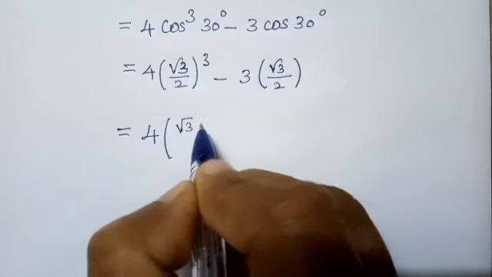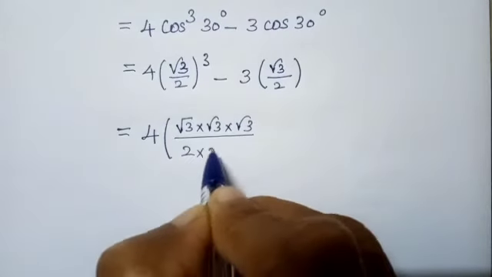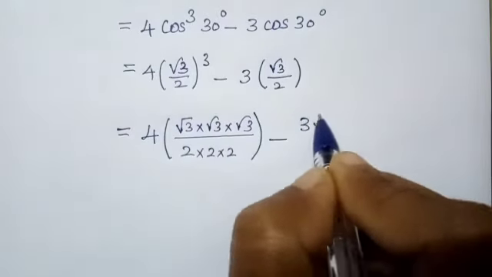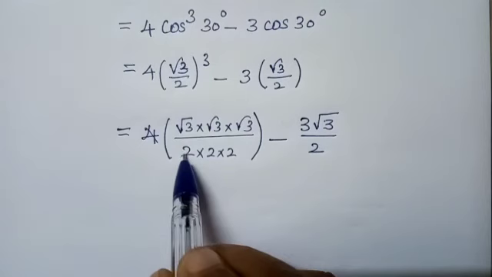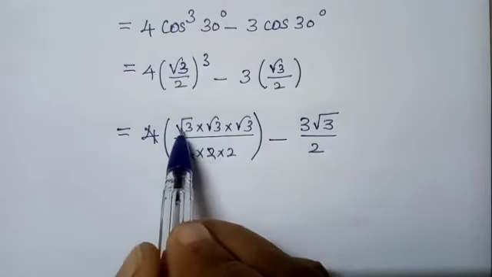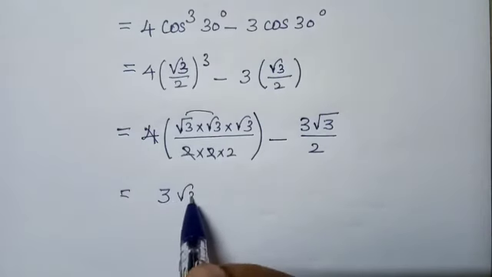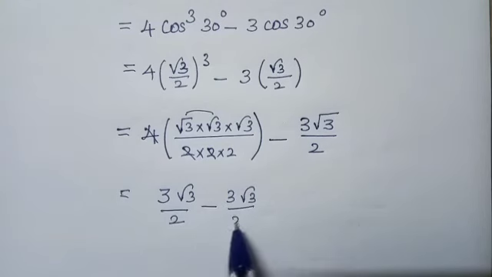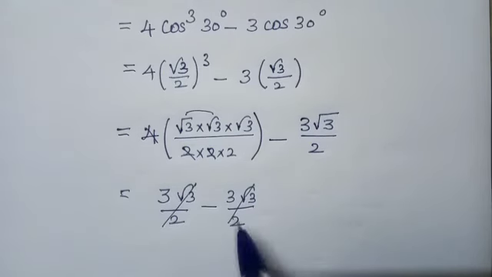So we can write root 3 into root 3 into root 3 divided by 2 into 2 into 2, minus 3 into root 3 divided by 2. See, we can cancel 4 and 2 into 2 also 4. Root 3 into root 3 value is just 3, 3 root 3 divided by 2 minus 3 root 3 divided by 2. The answer is 0.